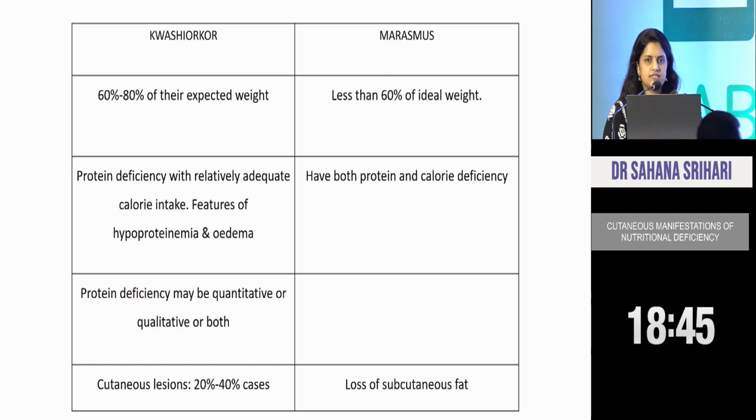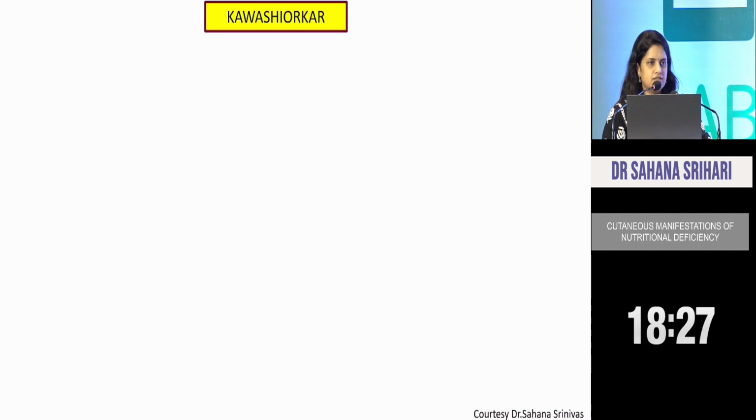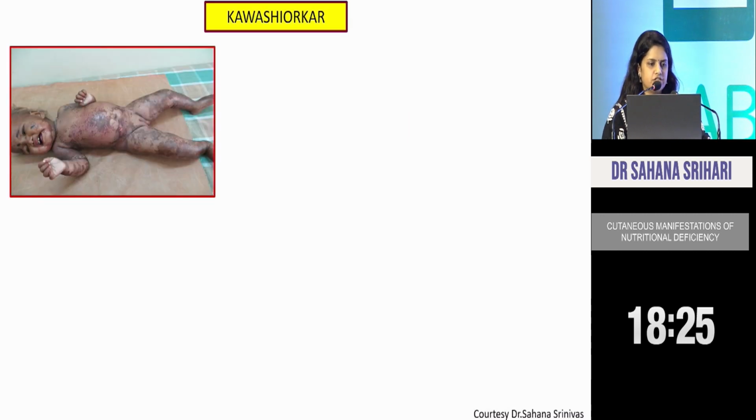This protein deficiency can be qualitative or quantitative or both, and in 20 to 40% of cases we do find cutaneous lesions. Whereas in marasmus there is less than 60% of ideal weight, there is protein and calorie deficiency and loss of subcutaneous fat.